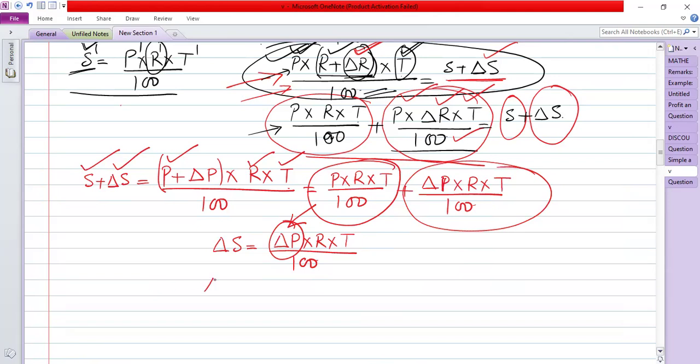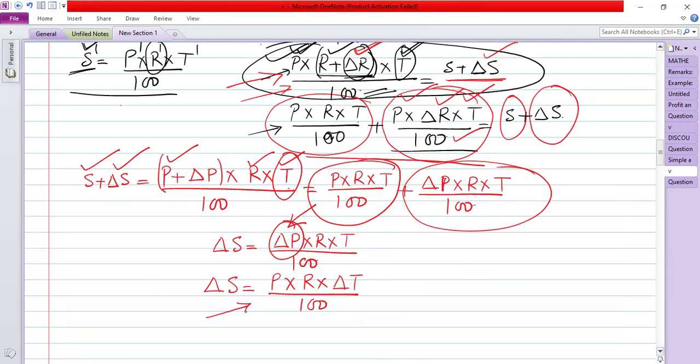Similarly, one can easily prove that it can be P into R into delta T by 100. Just replace T by T plus delta T and do similar calculations.